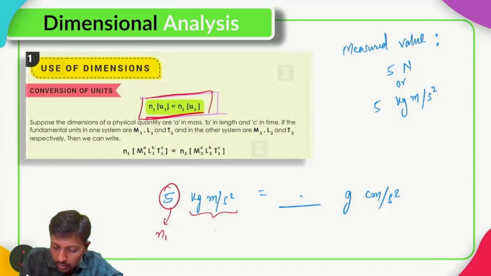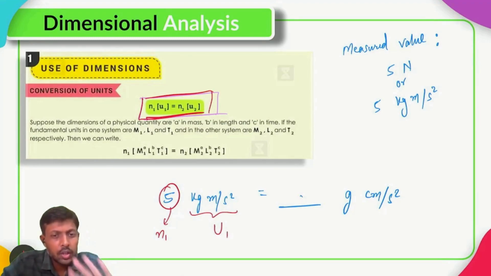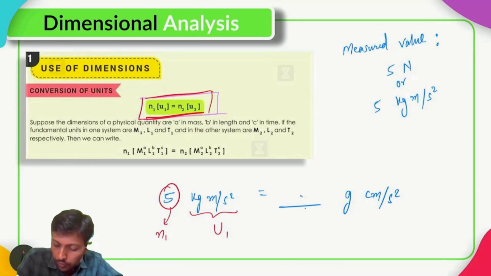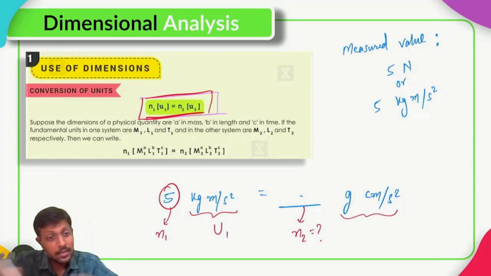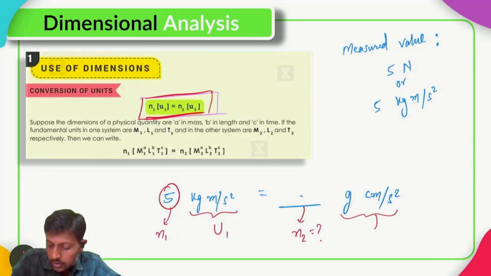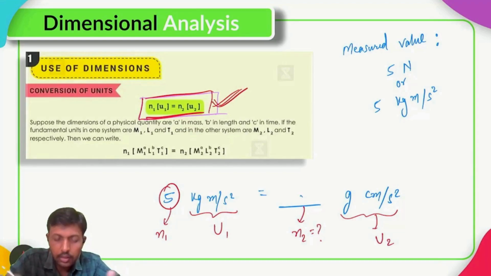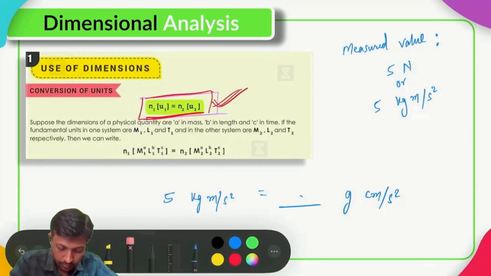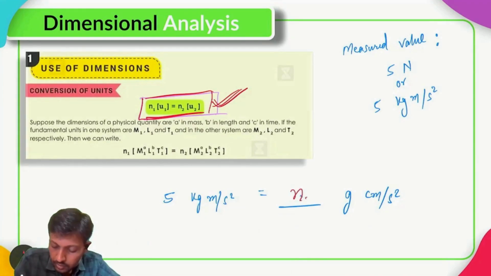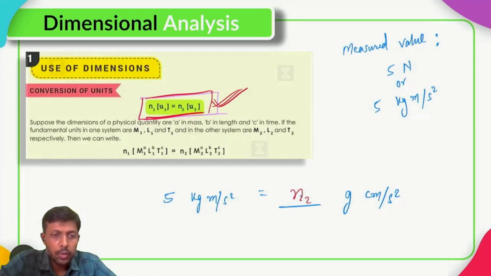This thing represents unit 1, is one system of units. Let's call it the SI system of units. We have to find N2. And we also know the other system of units, which is the CGS system. Let's call it U2 for the time being. I hope this explains the formula which is given here. N1U1 equals N2U2. N2 is to be found out.